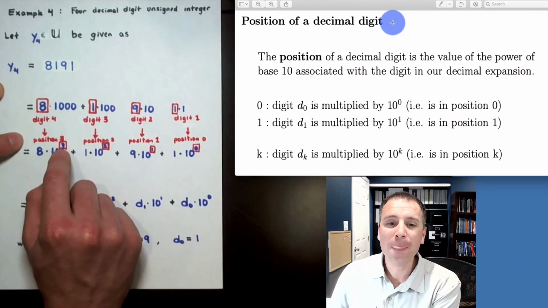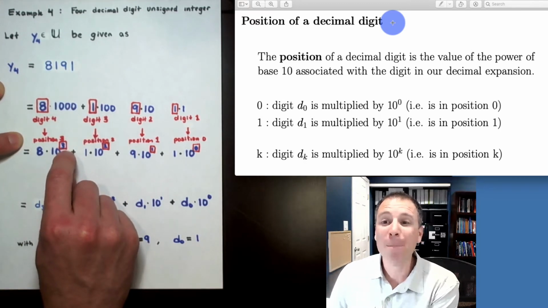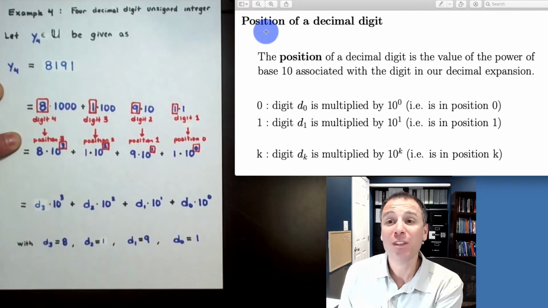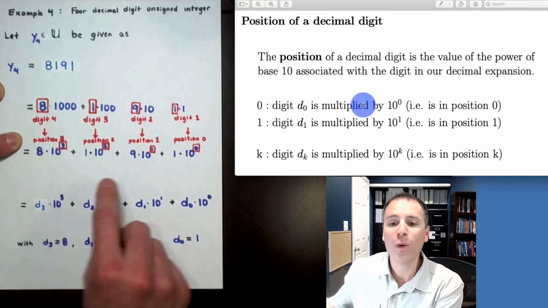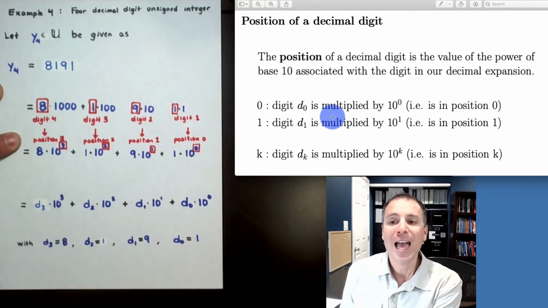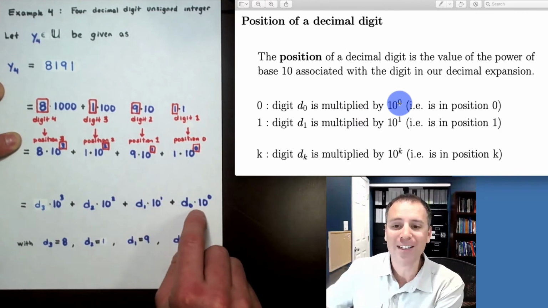Remember that we said that the position number of a specific digit corresponded with the power of 10. Let's formalize this with a definition, which is called the position of a decimal digit. The position of a decimal digit is the value of the power of base 10 associated with that digit in our decimal representation. So when we say d sub 0, digit d0 is multiplied by 10 to the 0, and that's exactly what we see here.